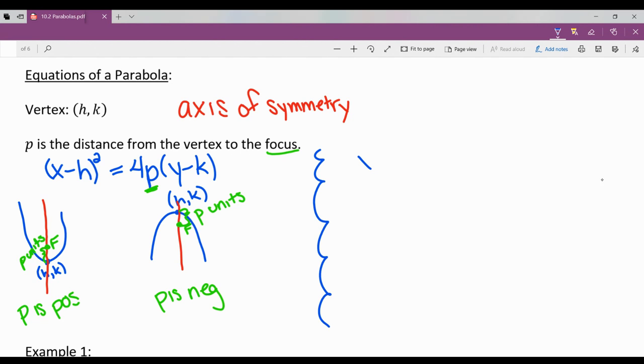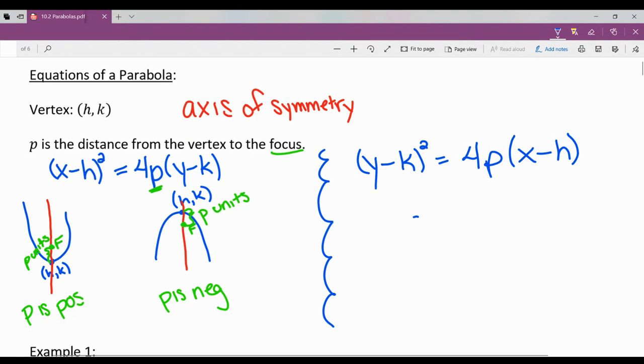and that is (y − k)² = 4p(x − h). All right, so now, since it's the y that's being squared, it's going to be opening horizontally, either to the right or to the left.